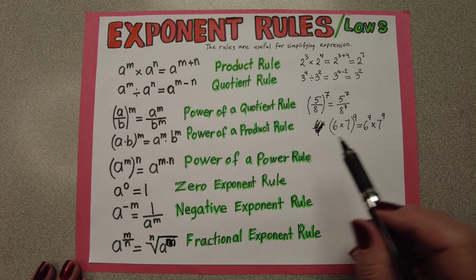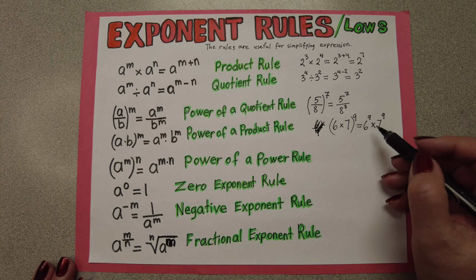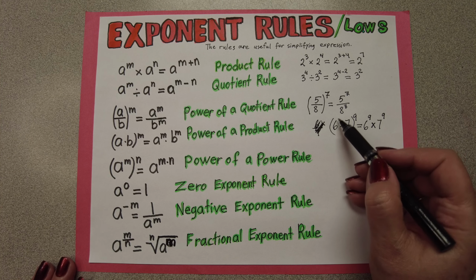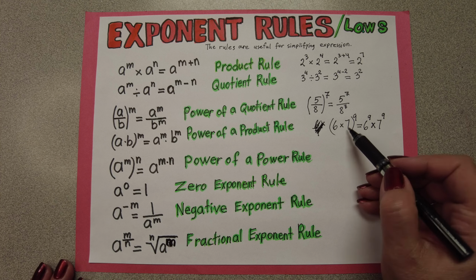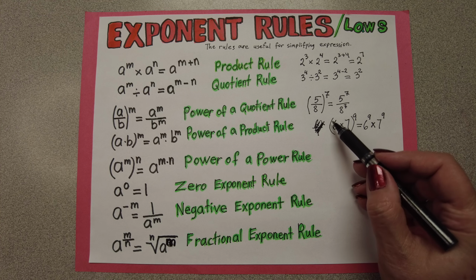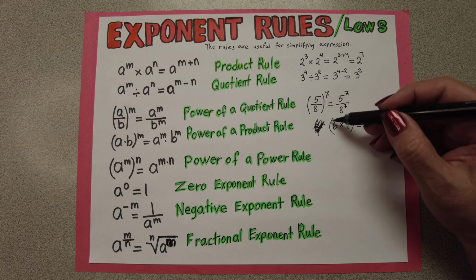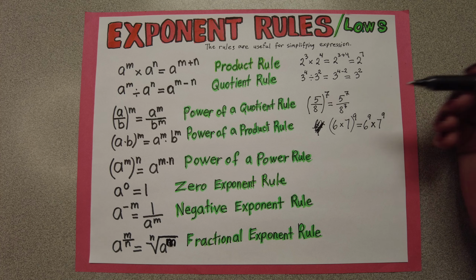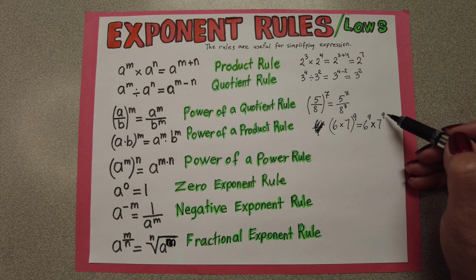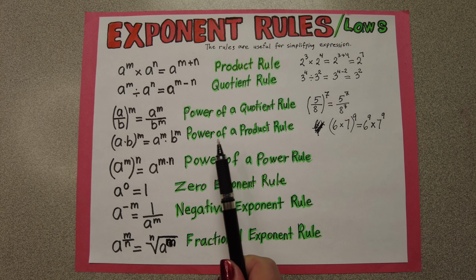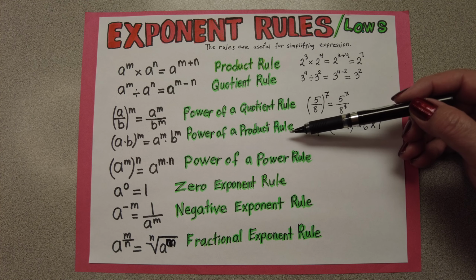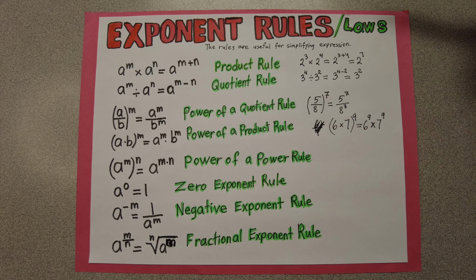This one we call the power of a product rule. Multiplication's answer is a product, so 6 times 7 is a product, and it has 9 as an exponent. So we can separate them: 6 to the power of 9 and 7 to the power of 9. Like the first one was the product rule, this one is the power of a product rule.